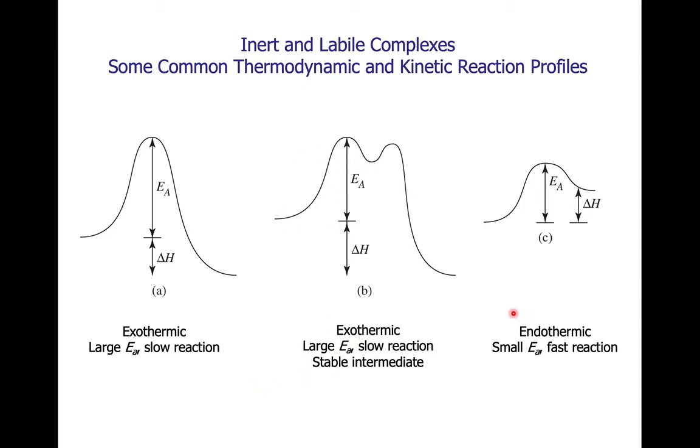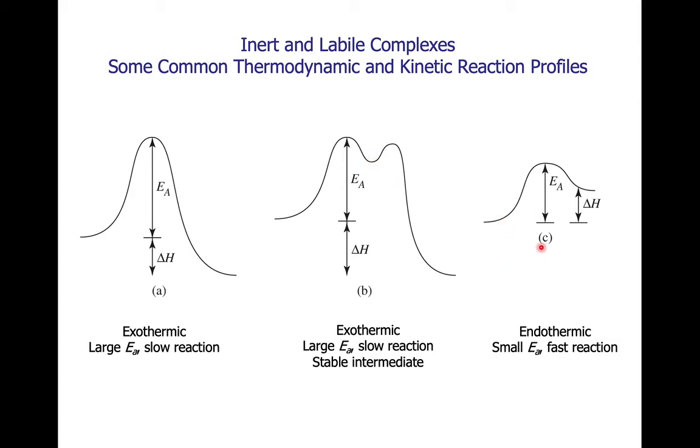We have more detail in B here. This is again an exothermic reaction because the products are more stable than the reactants. We have a large activation energy, so this is a slow reaction. This one, however, has an intermediate. We have a valley here at the top of the mountain, so there should be a stable intermediate there that we could potentially observe.